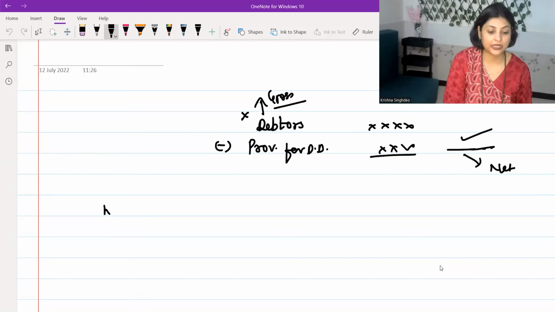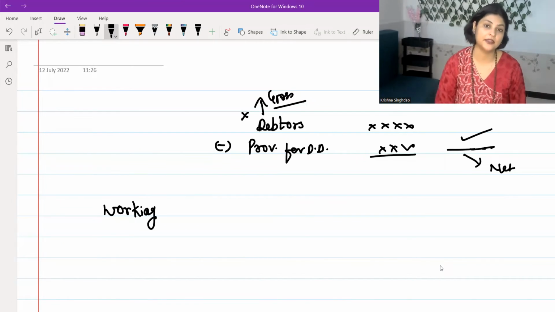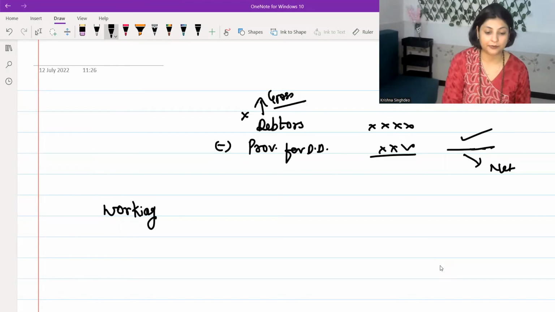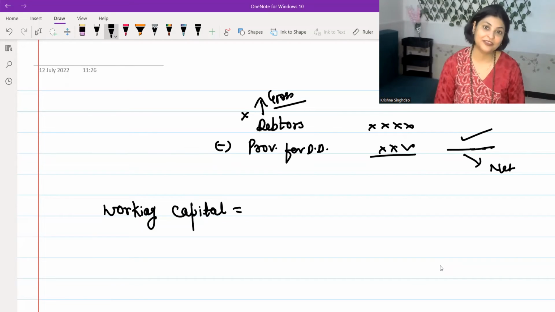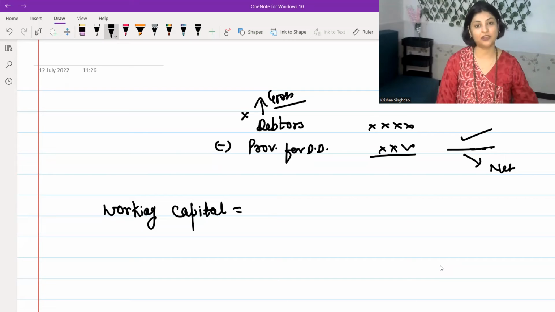So working capital, I'm sure you all must have studied in your theoretical subjects, business studies or commerce, and you must have studied management of working capital as well. So working capital is that amount of capital which is required for the day-to-day functioning of a business.